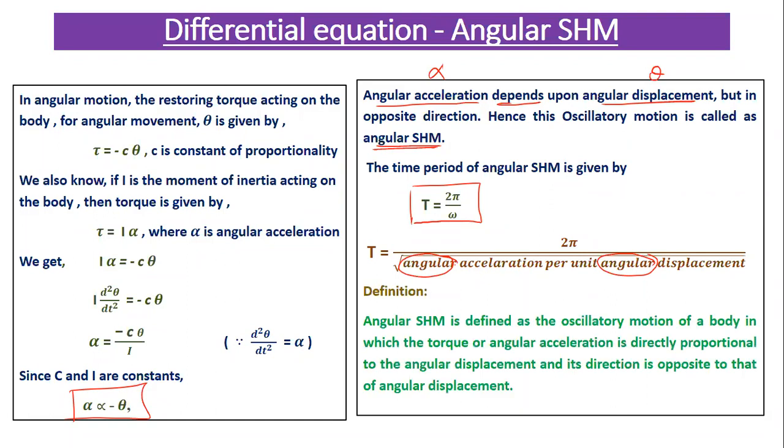Therefore, angular SHM is defined by this formula, or we can use this formula, torque proportional to minus theta.